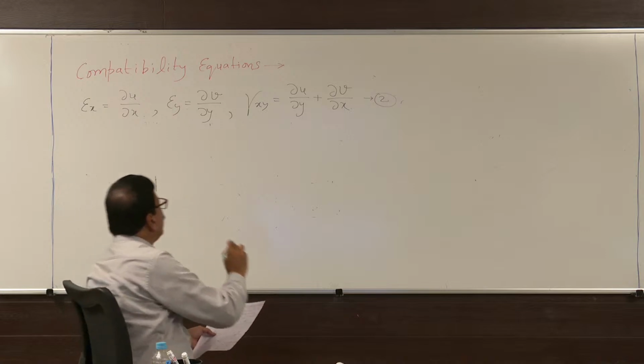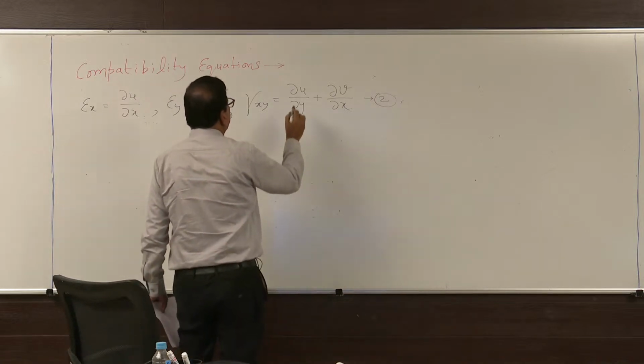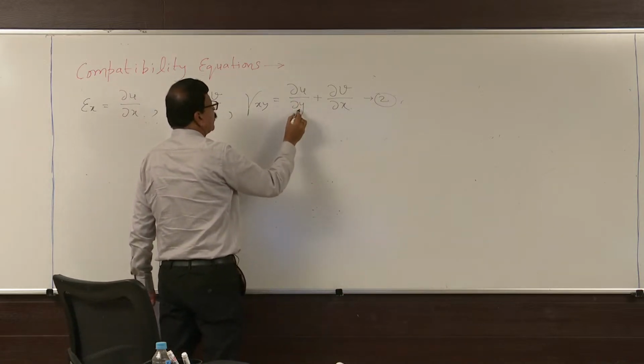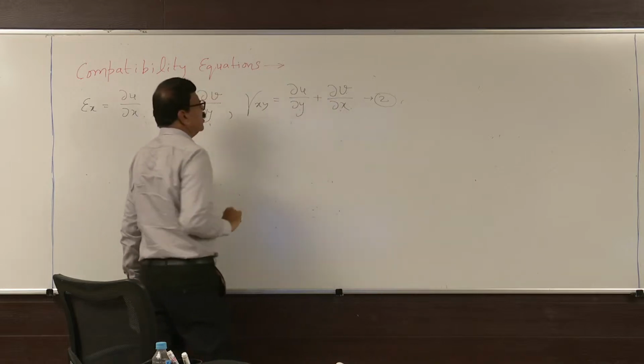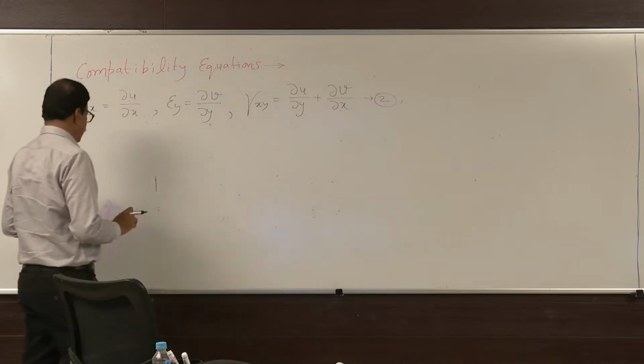You remember here u is for the x direction but it comes with y, and v is for the y direction but it is here x. So this is the equation.